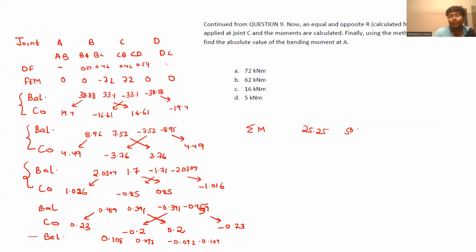Next is 50.5, minus 50.5, 50.5, minus 50.5 and minus 25.25.